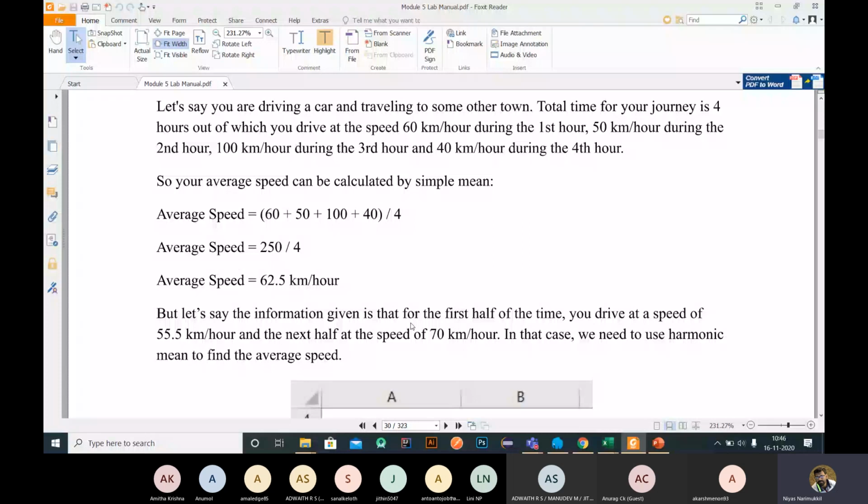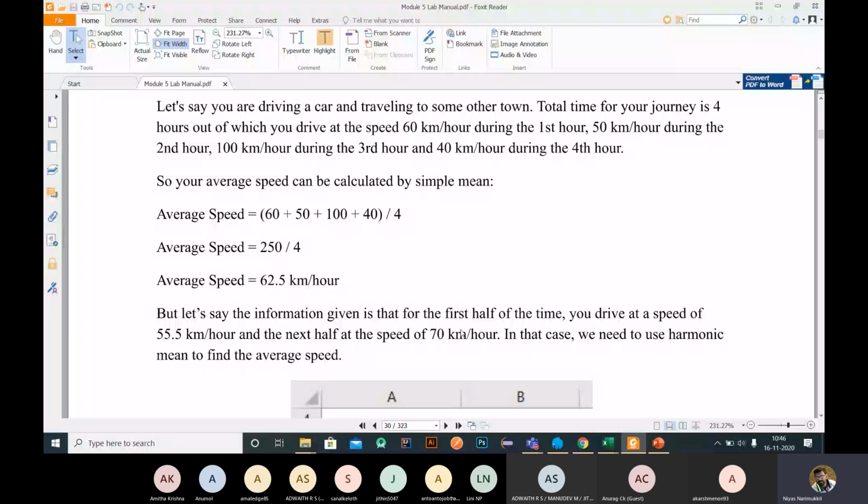So the average doesn't come from the arithmetic mean, that is 55.5 plus 70 divided by 2. That's not the correct average, because in order to find the average speed, we need the speed per hour, specifically on a time basis. Here the time is not specifically given. It just says first half and second half.